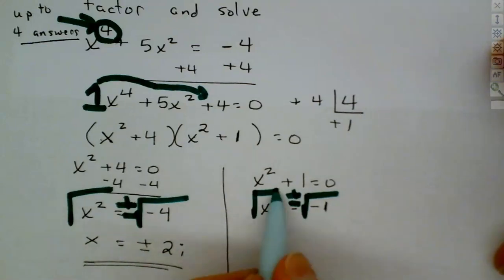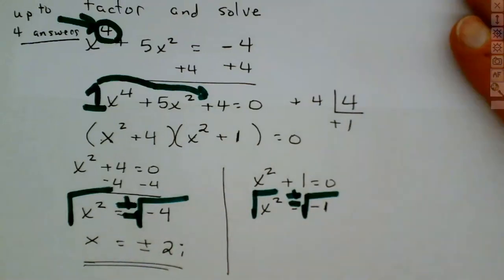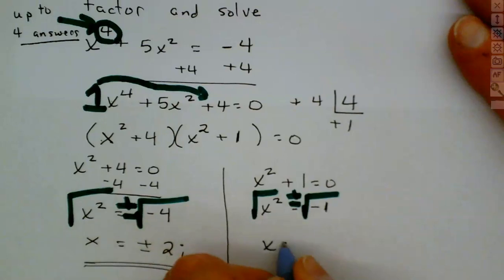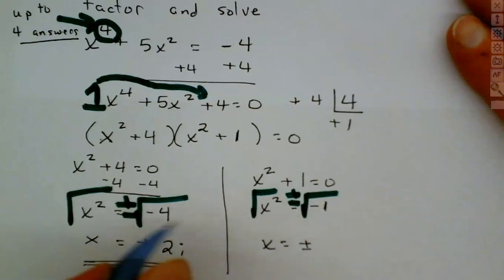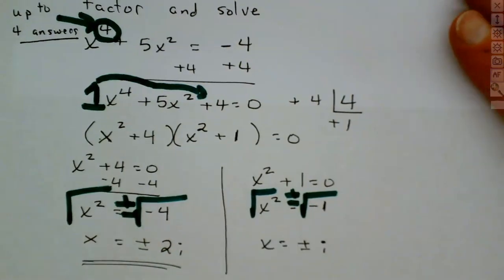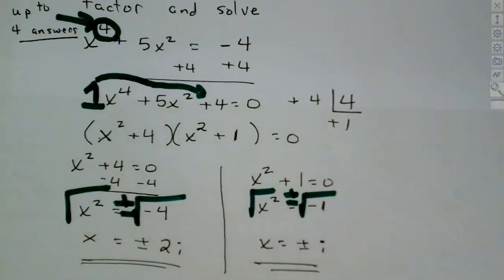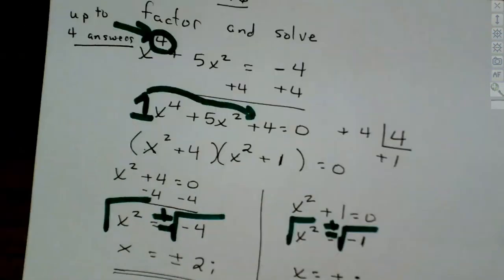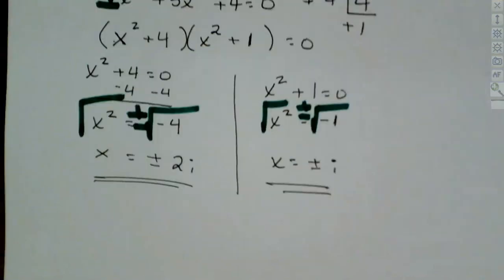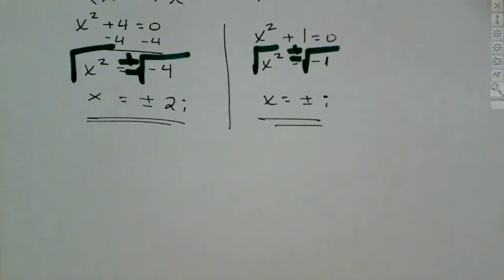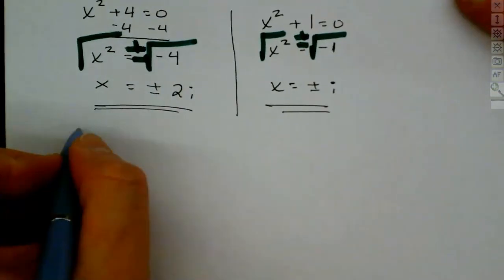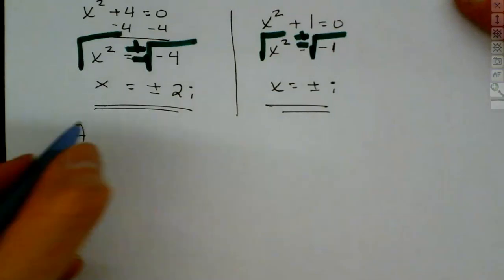On both sides, we take our square root. So that now leaves you with x equaling plus or minus i, doesn't it? Now, why do I have 4 solutions? Well, I have 4 solutions because I've got 2 and 2. So what are my final answers here?